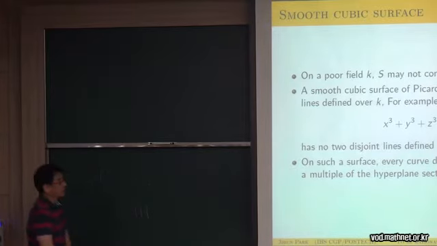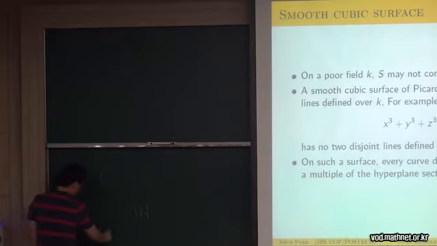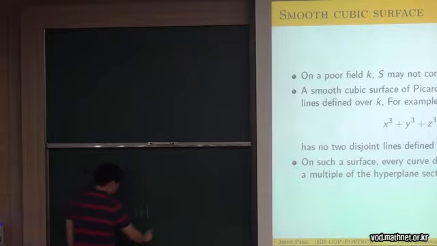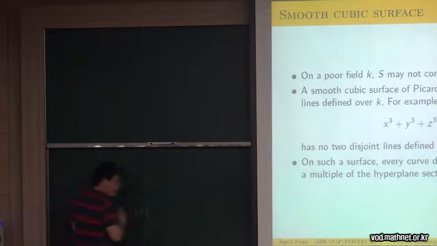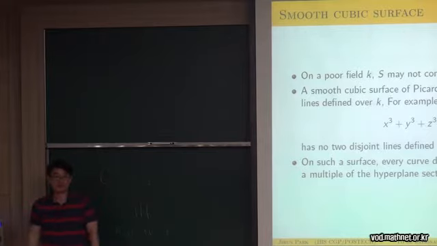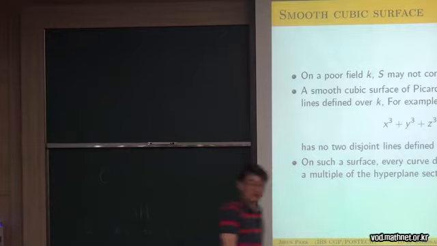So there is some rational function such that it has the zero along the C, and it has the pole along this hyperplane section with some order. That's what this statement means. Okay.